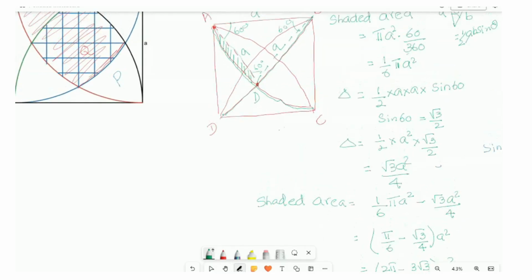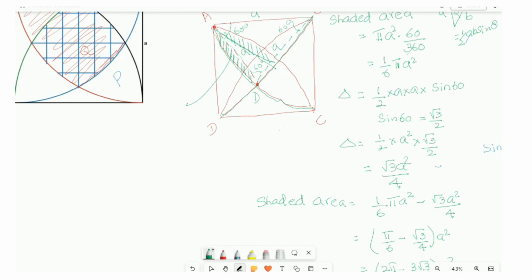Now I have found this shaded area. If I draw this line from here to here, this shaded area and the area we found are exactly the same.